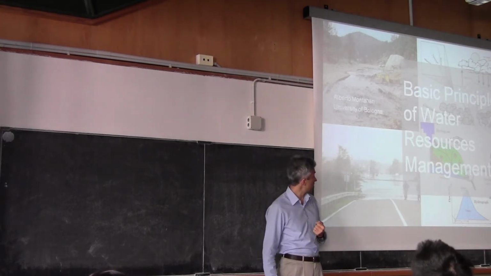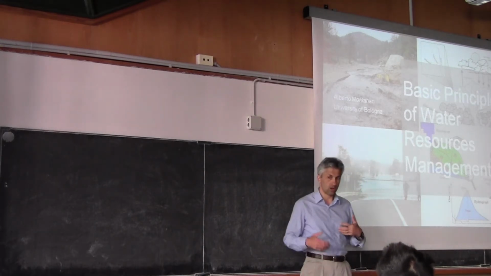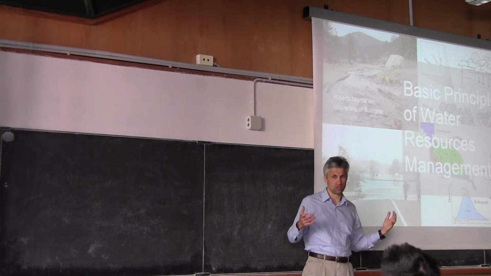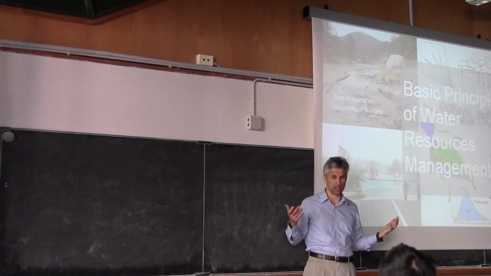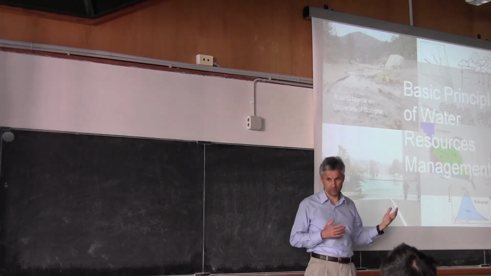When we speak about basic principles of water resources management, of course there is a long literature on this. There is a lot of information, even on the web, that you may consult. And there are different principles that can be invoked.